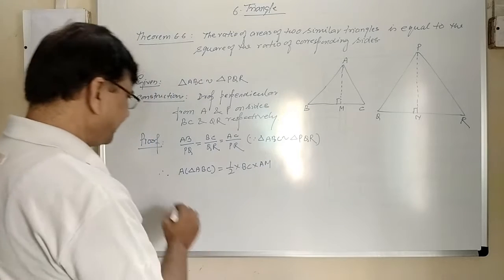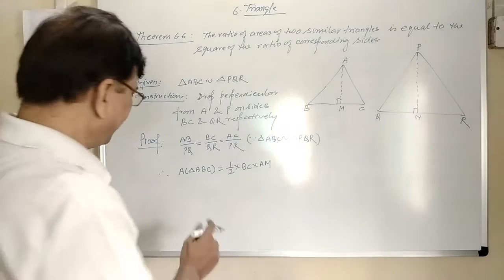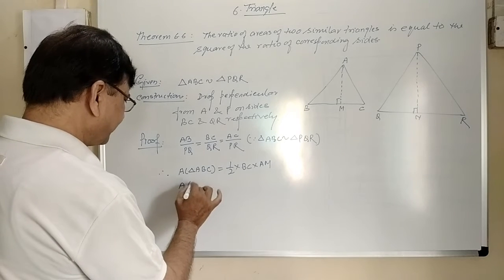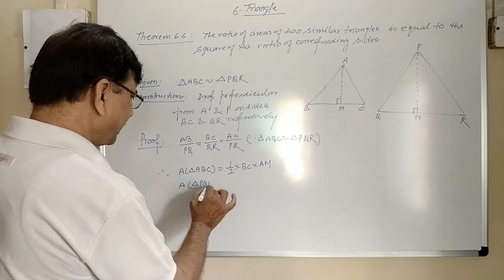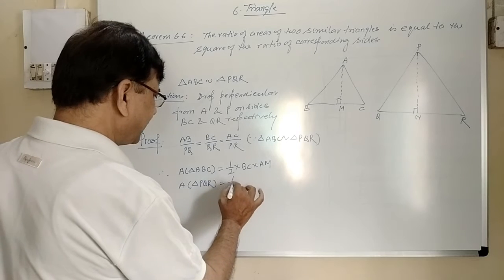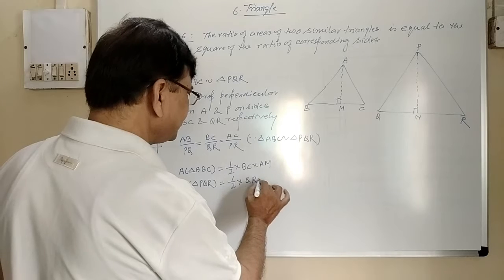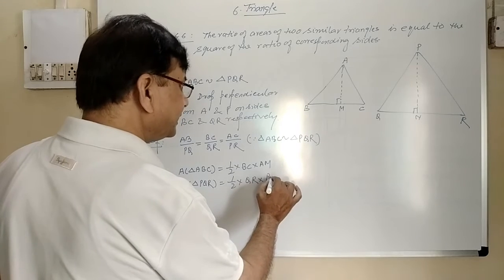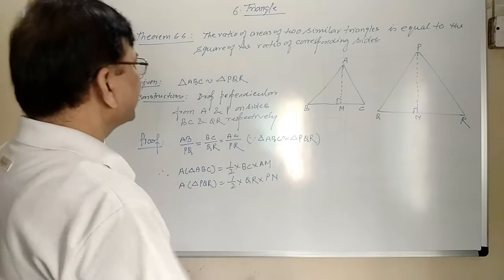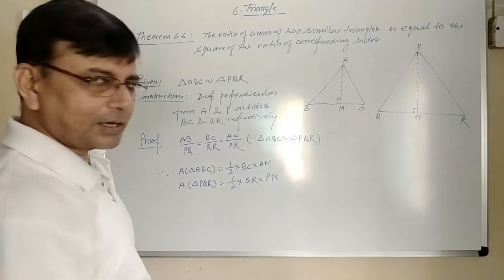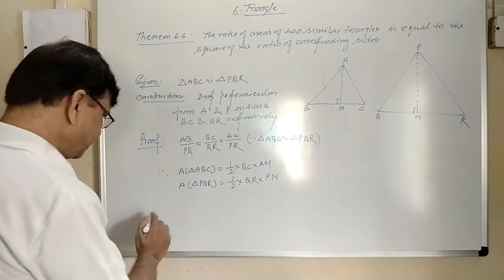This is the area of triangle ABC, and area of triangle PQR is equal to half into base QR into PN.